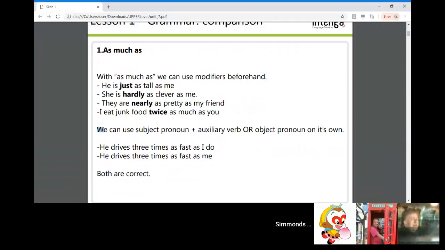In the structure, we can use this or the subject pronoun on its own. I guess that's important information too. So in this case, we're using the auxiliary verb do. Well, how do you know which auxiliary verb to use? Does anyone know?